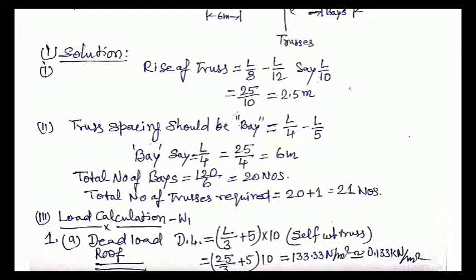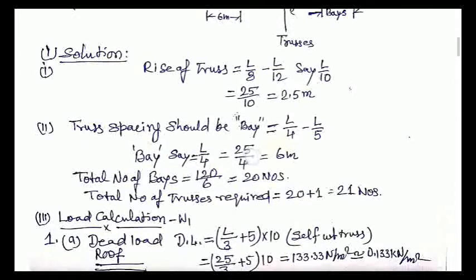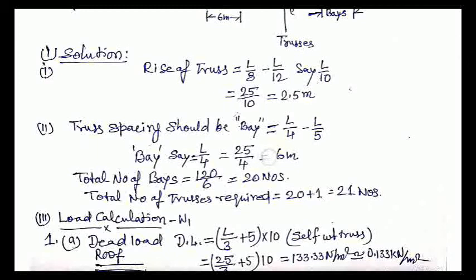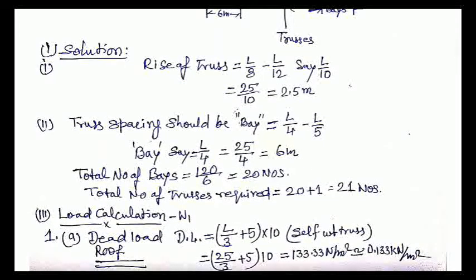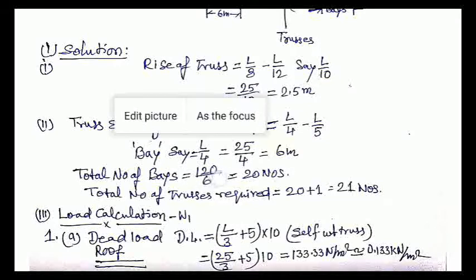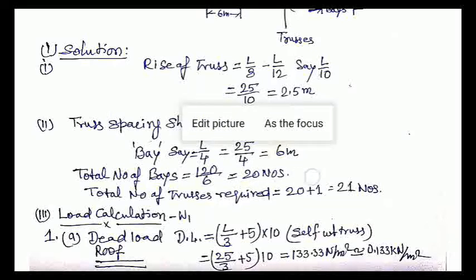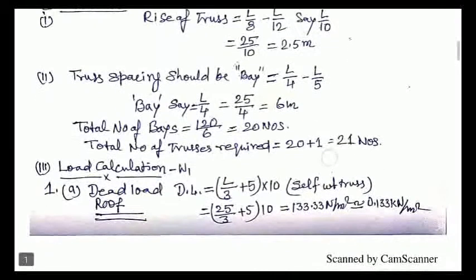Now truss spacing, or bay, should be kept in between L by 4 to L by 5. Suppose we assume that bay should be L by 4, so 25 by 4, it should be 6 meters. It is our assumption, we are taking it 6 meter.